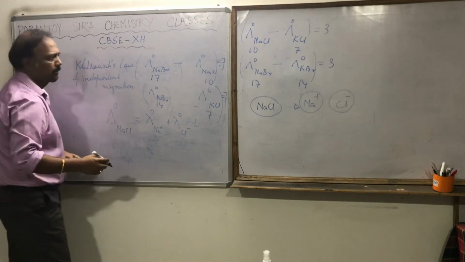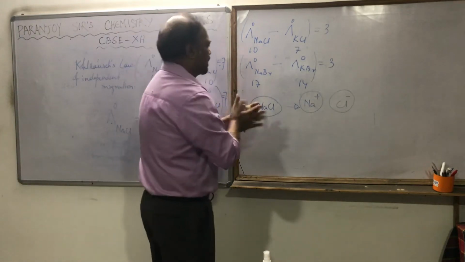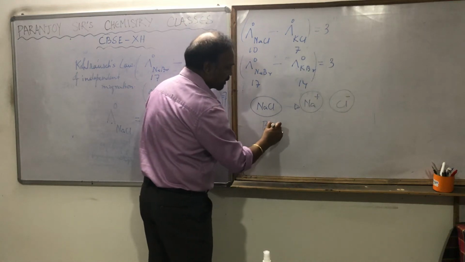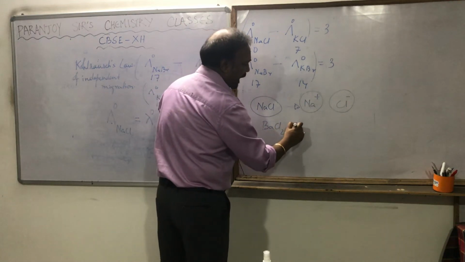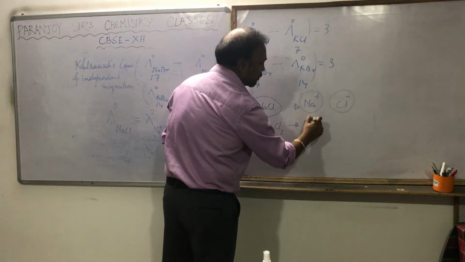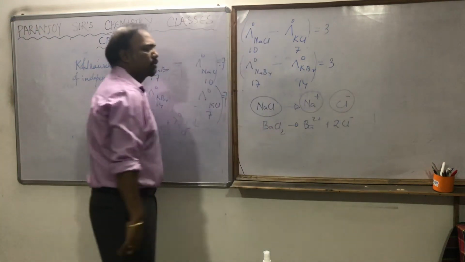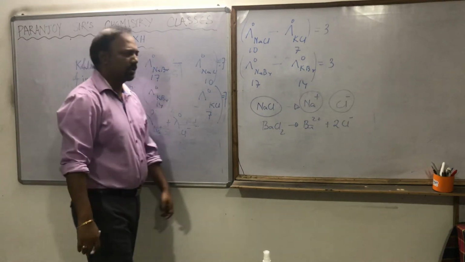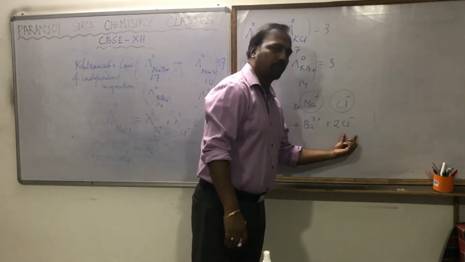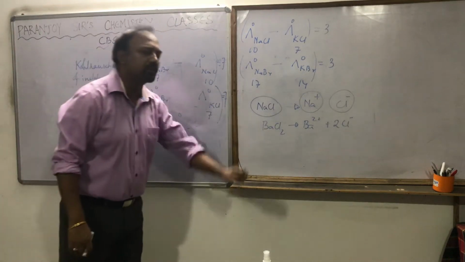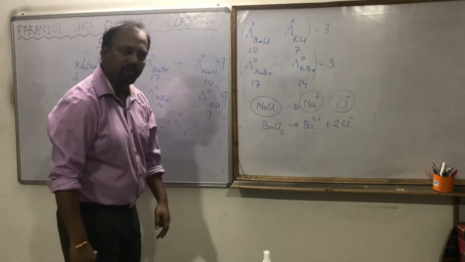We must understand how barium chloride is dissociated. BaCl2 is dissociated as Ba2 plus and 2Cl minus. So it is dissociated into 3 ions, 1 barium ion and 2 chloride ions, and all will individually be contributing to the lambda 0 value of BaCl2.